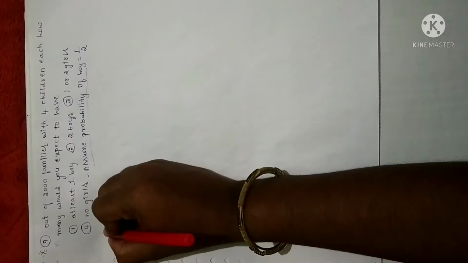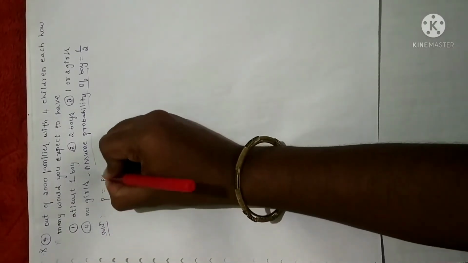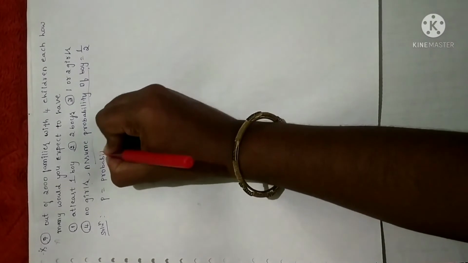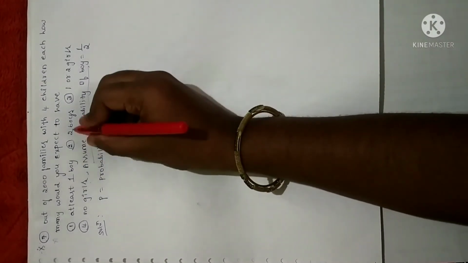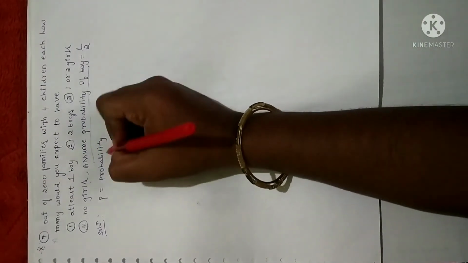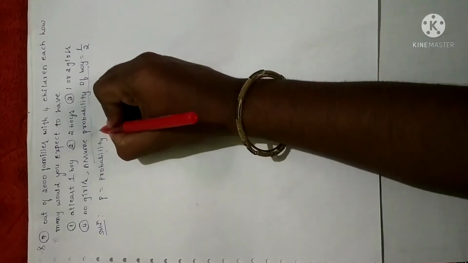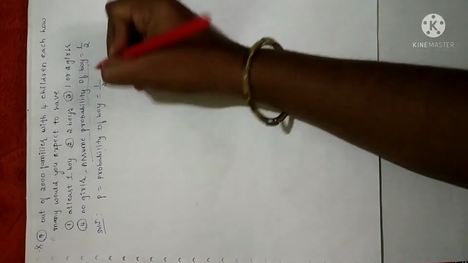So we have to take that as P. Anyhow, we need to find boys in the first and second question, and in the third and fourth it is girls. As it is given in the problem, we take that as P, the success event. Probability of boy is equal to 1 by 2.